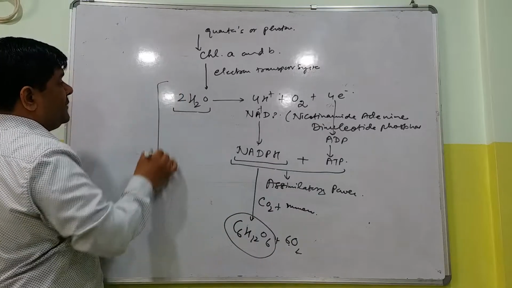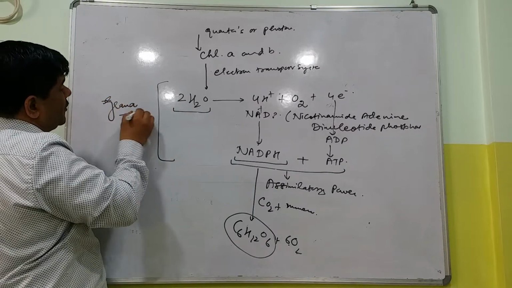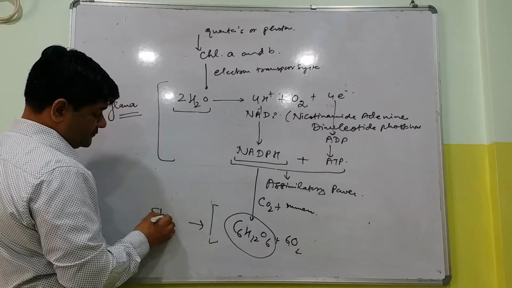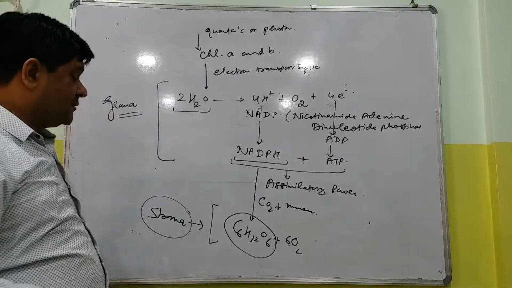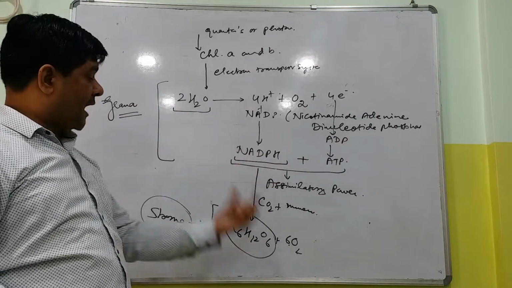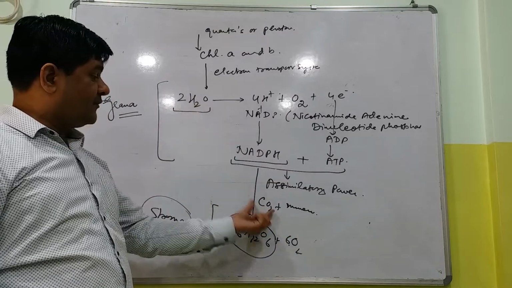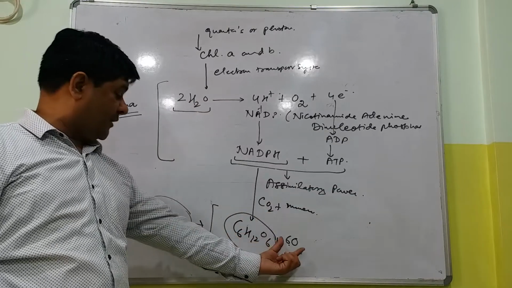This reaction takes place in the stroma of the chloroplast. This fixation of carbon dioxide, along with water molecule and minerals, results in the formation of glucose and oxygen.